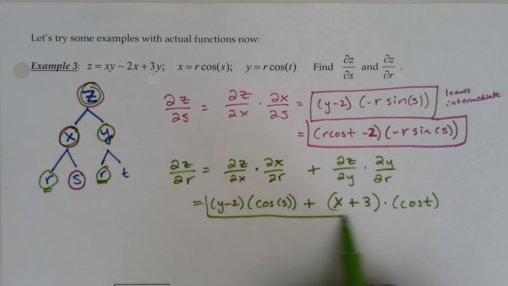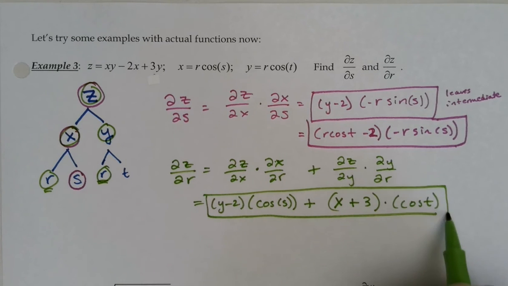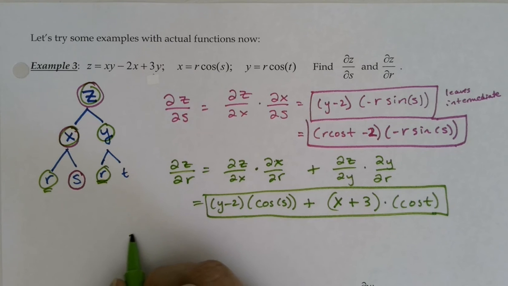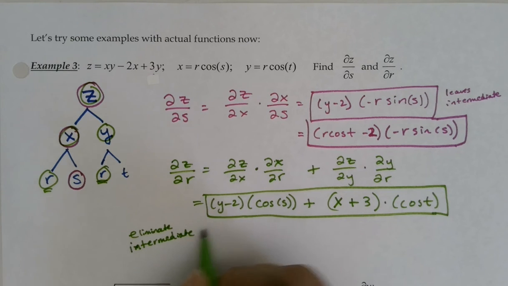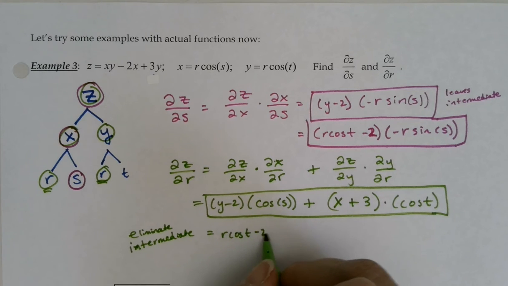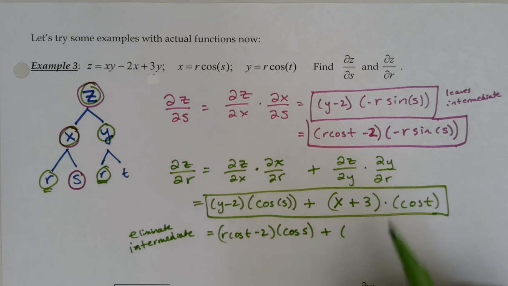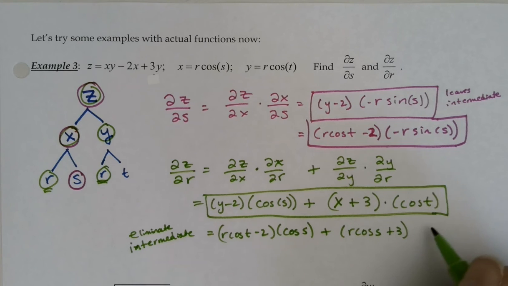Now this is perfectly fine. That is the partial derivative. That leaves the intermediate. If you want to eliminate your intermediate variables, which in our case were x and y, then you would substitute. y was r cosine of t, take away 2, times the cosine of s, plus x was r cosine of s plus 3, times the cosine of t.